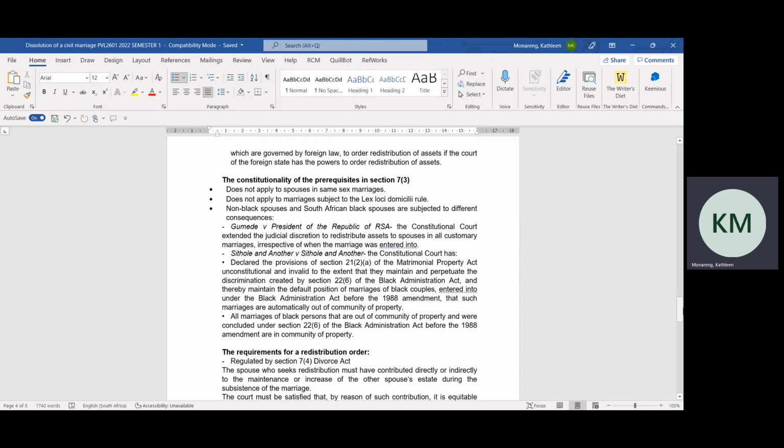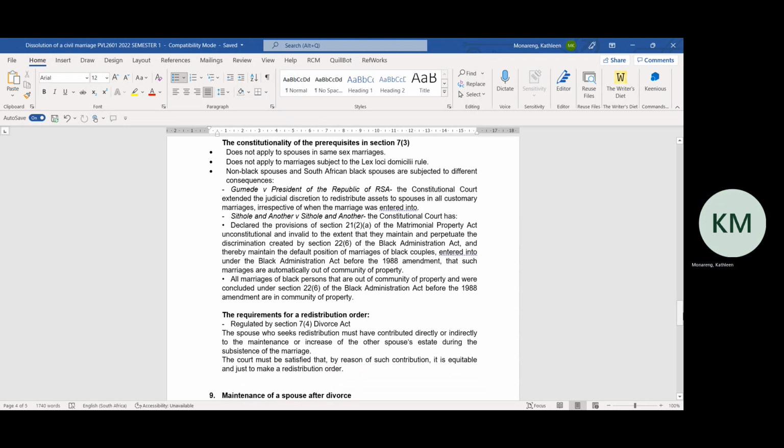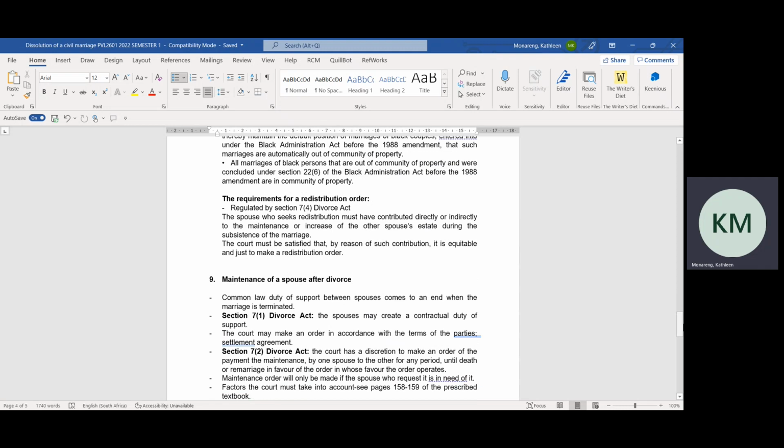And this will occur when, let's say, in the antenuptial contract the spouses have listed the assets that they do not want to form part of the accrual calculation, and the spouse whose estate is higher gets to keep quite a lot, while the other one really gets very little from the accrual calculation. And the other case is what I was talking about, which is Sithole versus Sithole. You also need to know the requirements for a redistribution order.